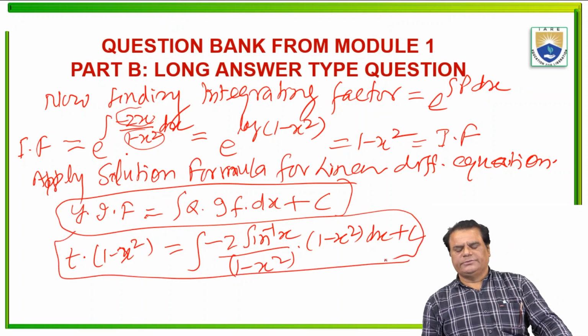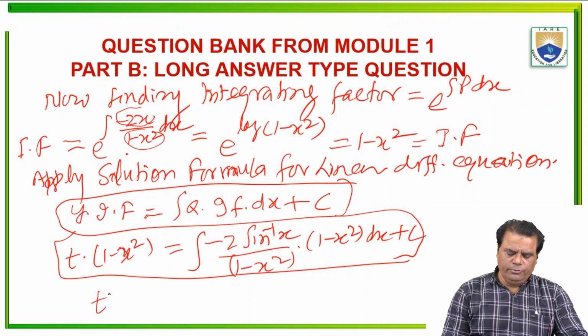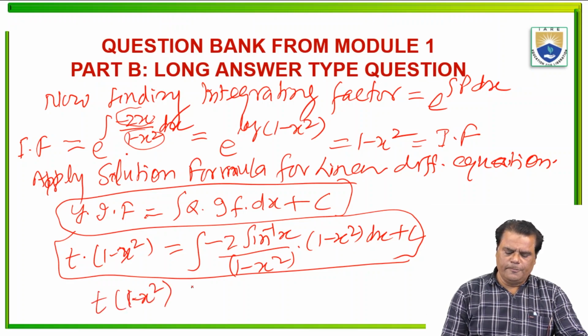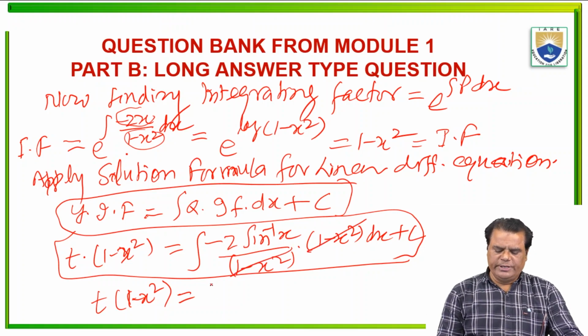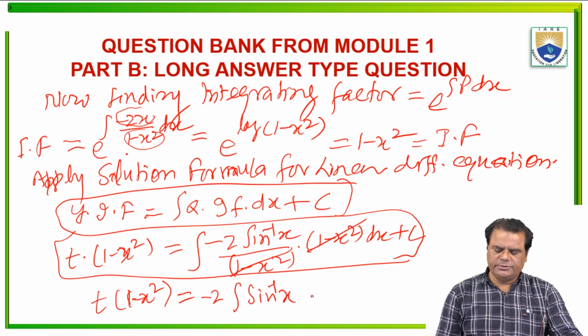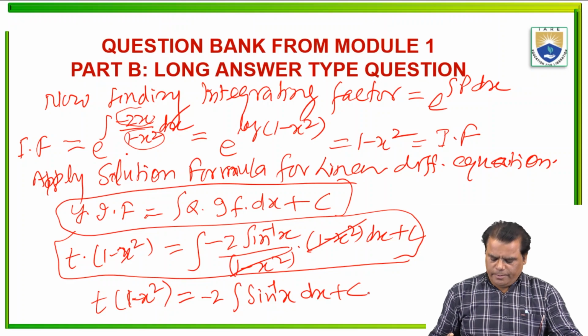Now solving this. So here t into 1 minus x square equals, here this cancels with this, so minus 2 sine inverse x dx plus c.